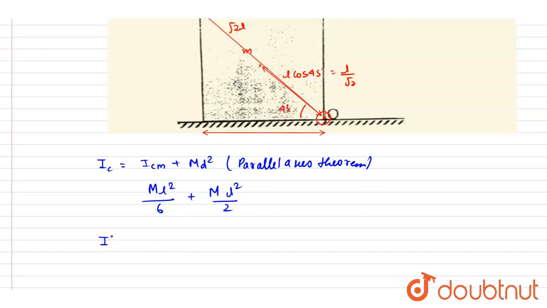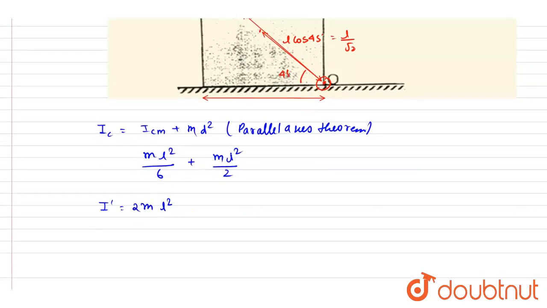So if I write down the moment of inertia of the particle, the mass is small m given in the question, right? So the particle moment of inertia is simply mr square. So it is root 2L, root 2L square, it is 2L square, right?